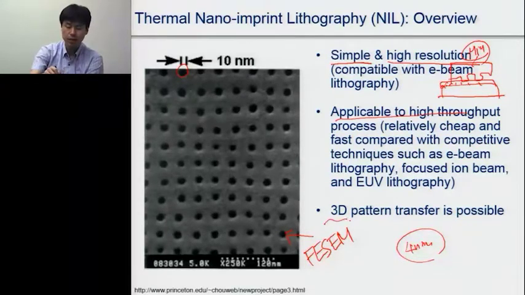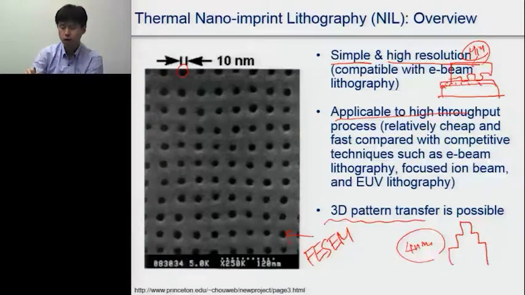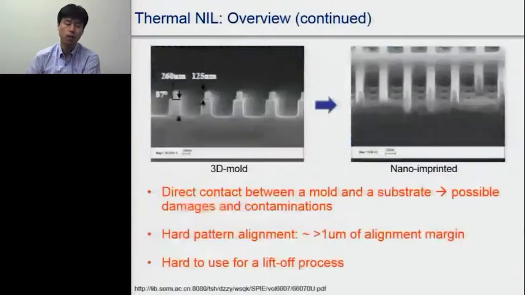Another big advantage of this nano-imprinting technology, not only for thermal nano-imprinting but also for UV nano-imprinting, is that we can make three-dimensional structures. With one single lithography process, transferring a very complex three-dimensional pattern is also possible.